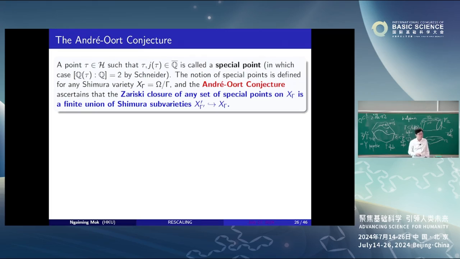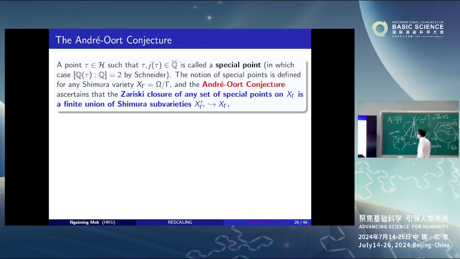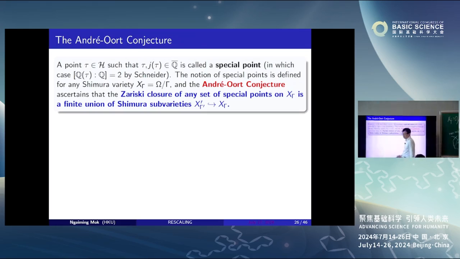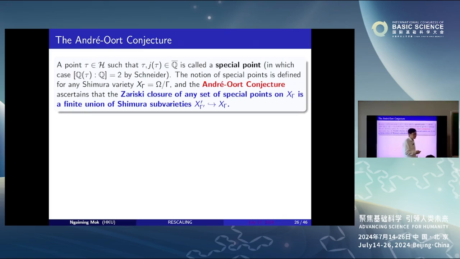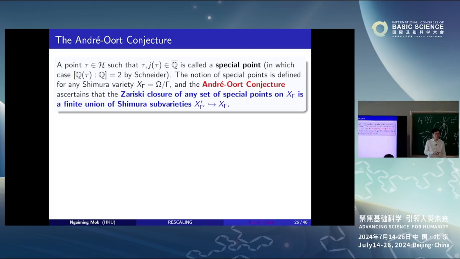And this goes back to the work of Schneider in transcendental number theory, that this τ must be coming from an imaginary quadratic extension of Q. This is, in fact, a very nice theorem to teach. It's elementary enough. It's essentially the Schwarz lemma and the pigeonhole principle, and it makes use of basic complex analysis, but it has a big implication. This is found in Serge Lang's book on transcendental number theory.